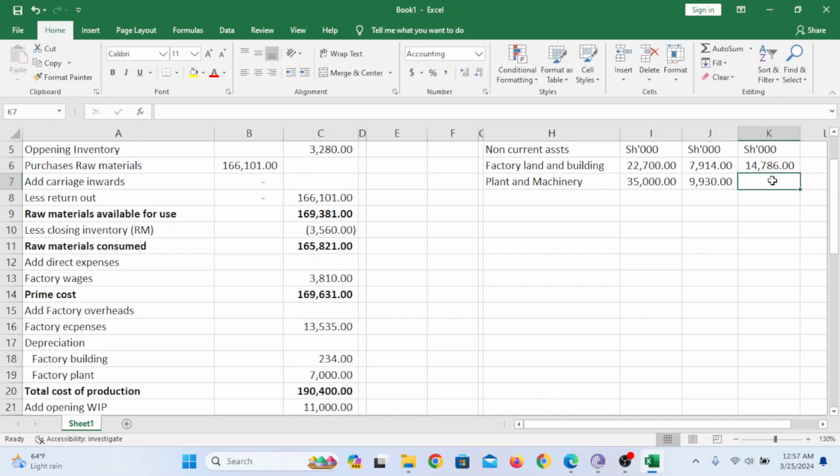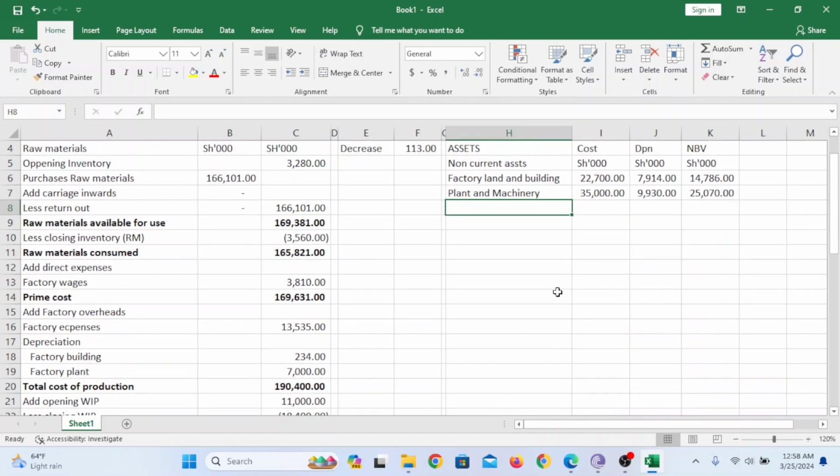So again we get the book value, which is 25,070. Then we have motor vehicles.